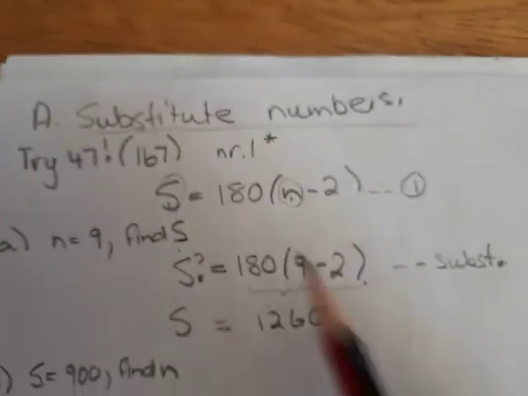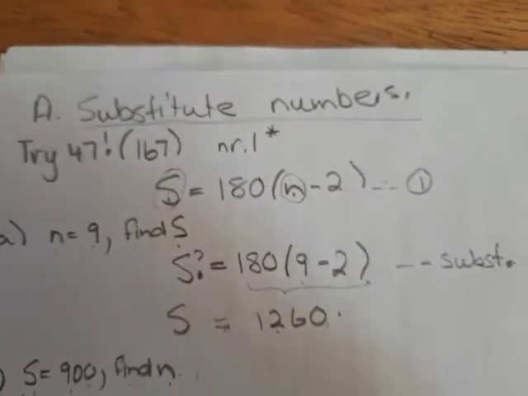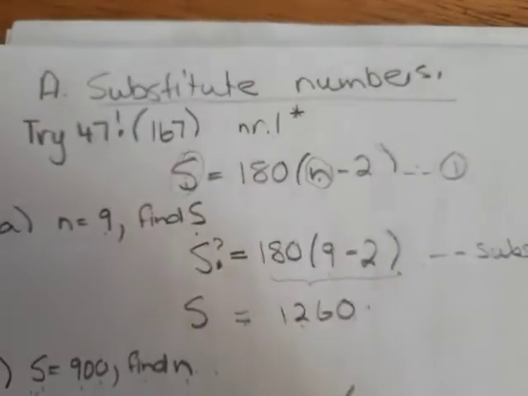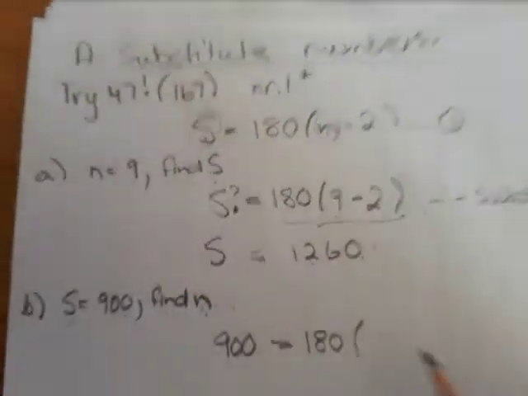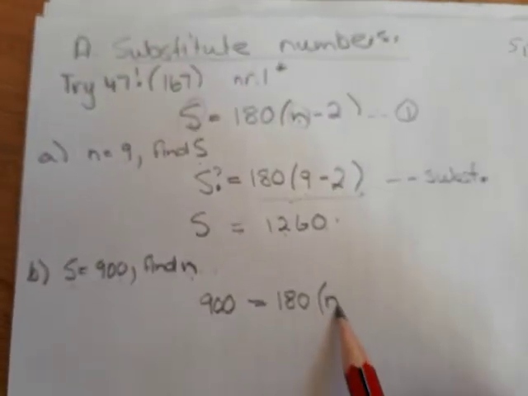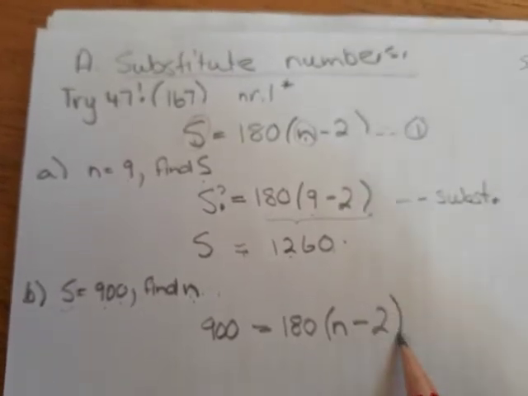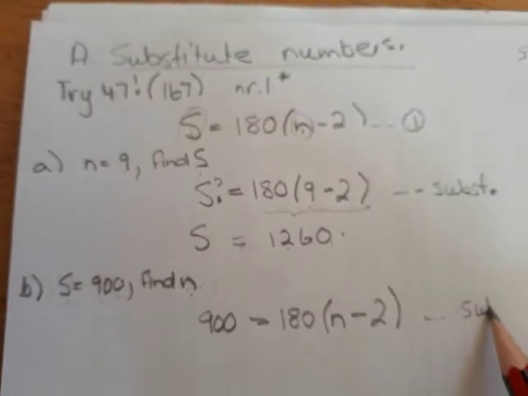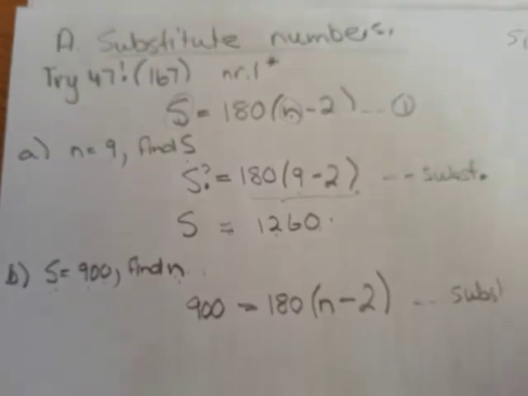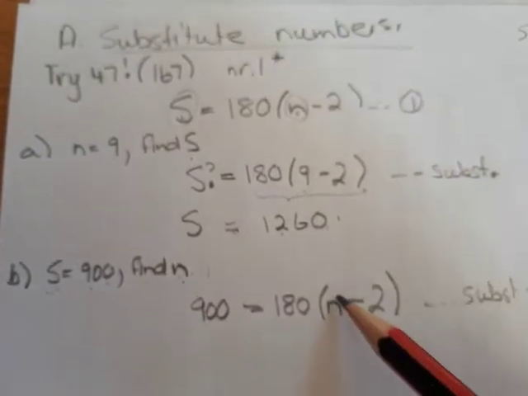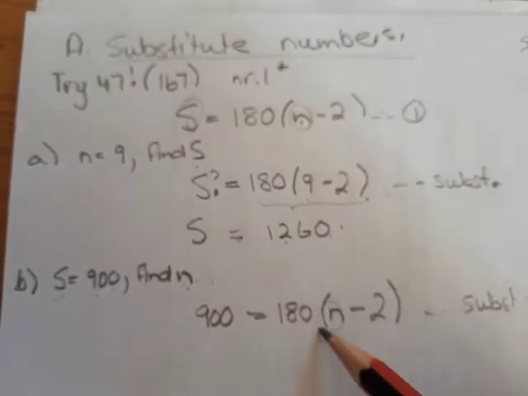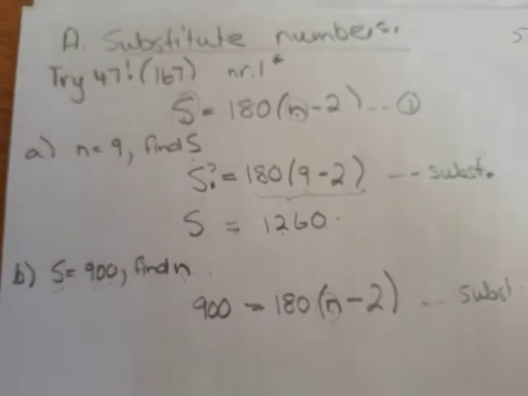And then on the right-hand side, you've got left over 180, okay? n needs to be found, which means n is going to remain, and then minus 2. Okay, so now you have substituted the values that are given. So again, after substitution, people, there is only one variable left. That's the one that you must calculate.